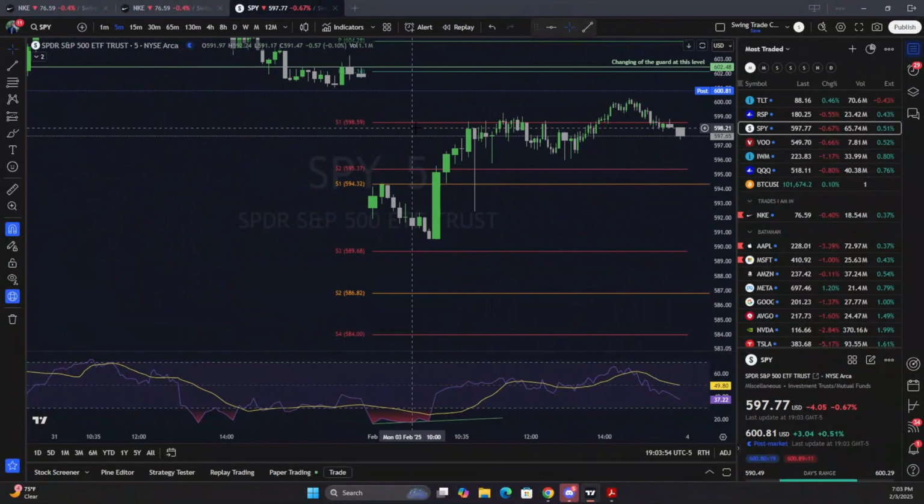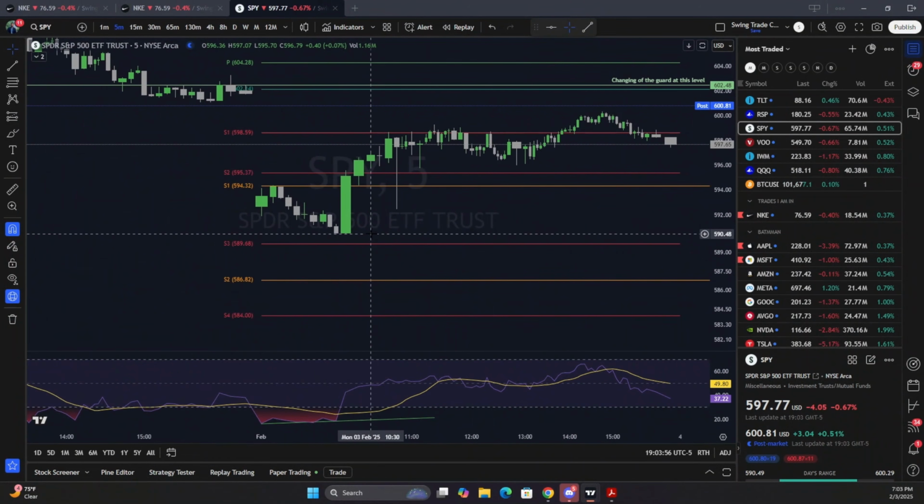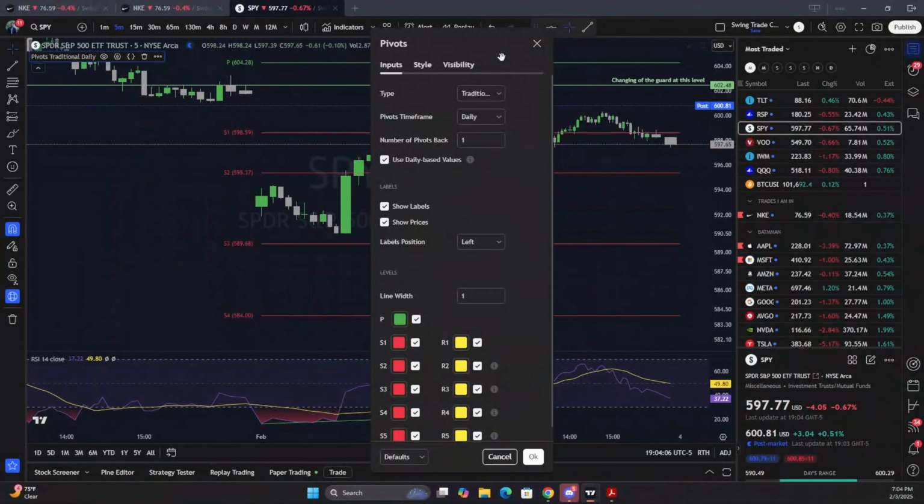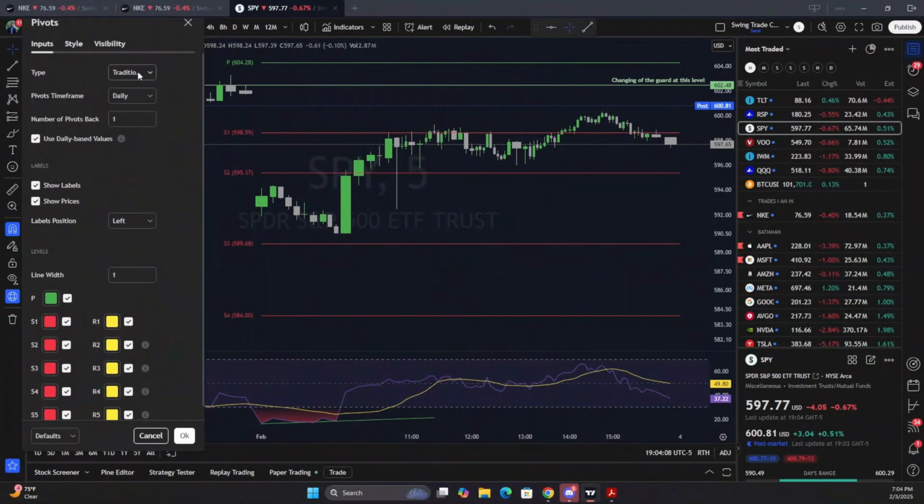But here's something cool. Let's say that you want to change the formula for your pivot points. You can change them, right? Let me just go ahead and remove the weekly. I'm only showing you how I use mine because I like to use the traditional. If you're a Fibonacci guy, you can use the fibs.